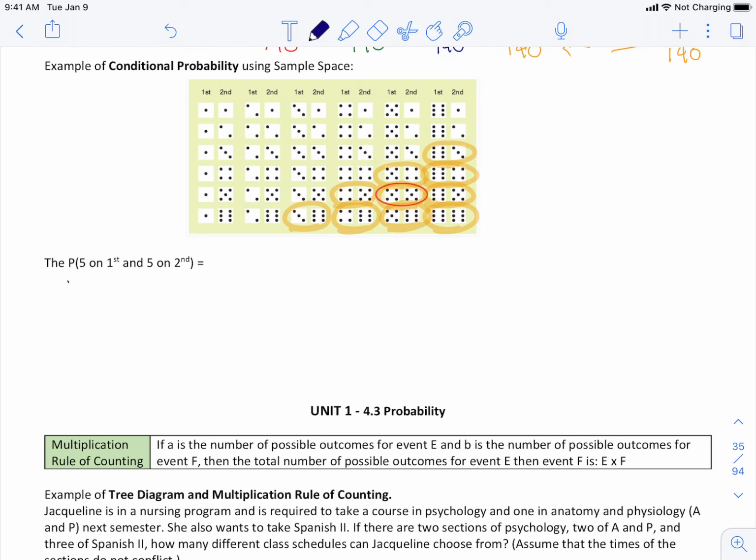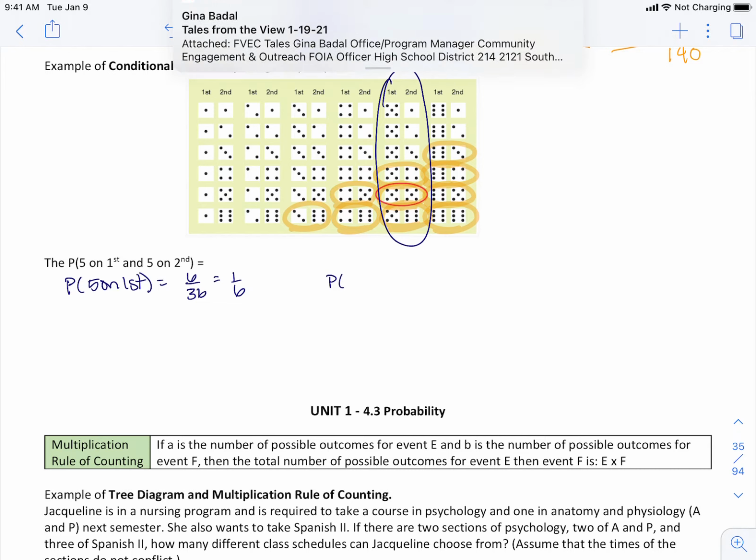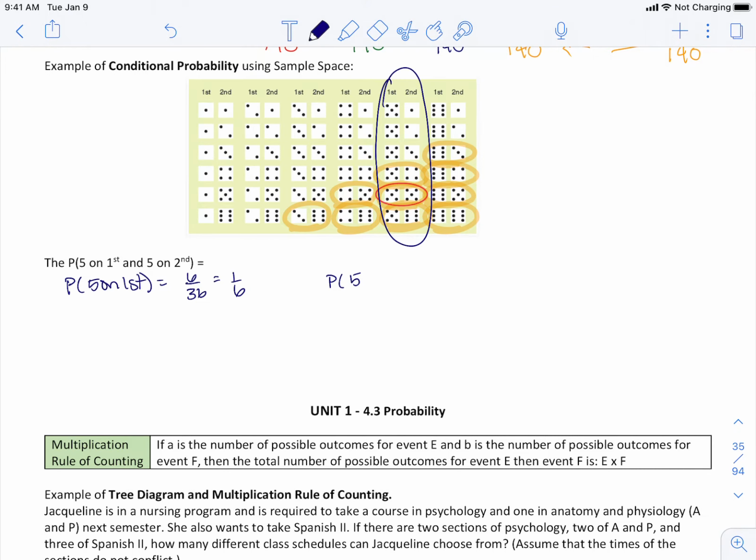So probability of a 5 on the first, that's going to be anything from this column. So that's 6 out of 36 in total, or 1/6. Probability of a 5 on the second, well, that's going to be anything in this row. So that's again going to be 6 out of 36, or 1/6.